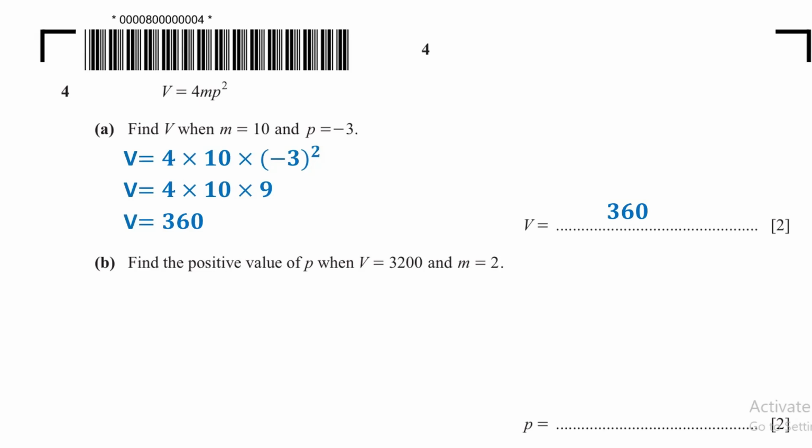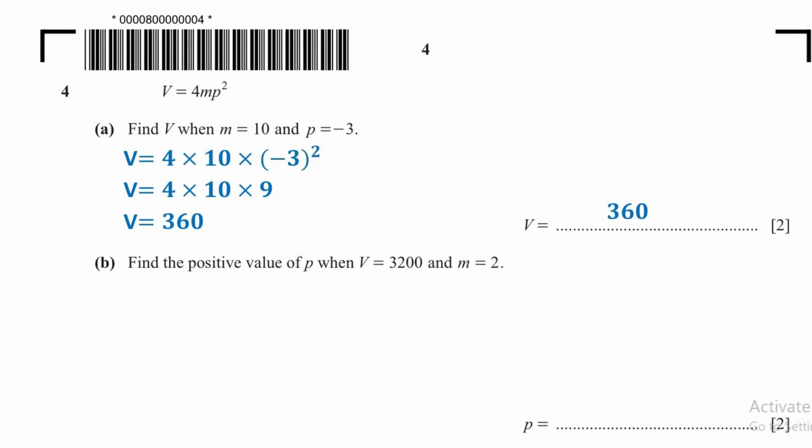Now, for question 4b. We are required to find the positive value of p when v equals 3,200 and m equals 2. Again, remember that v equals 4mp squared. So, we are going to substitute 3,200 for v and 2 for m in the given equation above.